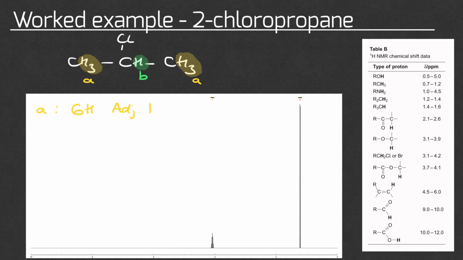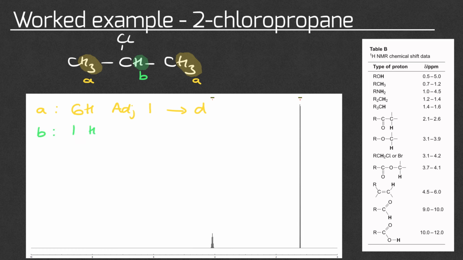Environment A is adjacent to 1 hydrogen. Remembering, we only look at a single example of A, so we'll look at the left one for example. There is 1 hydrogen adjacent to it. Using the n+1 rule, 1 add 1 is 2, so environment A should be a doublet.